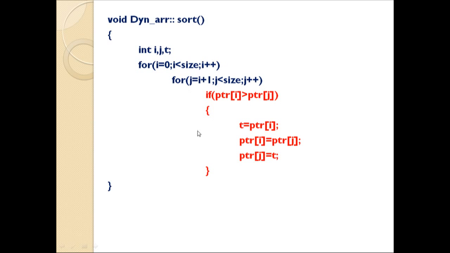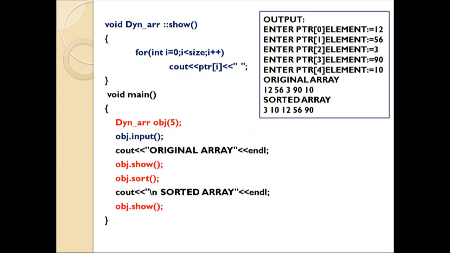Here you can see this concept called swapping, and this red color text is shown to write the statements for arranging the data which we accept as an input. And finally, we have given a method show to display all the elements which we accept in a sorted manner.